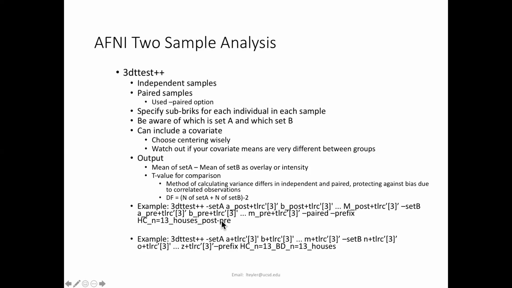And I like to, again, just put what minus what, like A minus B, right there in the title so that I don't forget which way I did it. Again, you can look at it in AFNI in the history, you can see what was run, but it's just nice when you're looking through your list of files to be able to see that. And then another example, more of a between-subject one, would be 3dttest++ where set A are the healthy controls and set B are the bipolar disorder subjects, and the prefix might be HC n equals 13, BD n equals 13 houses.